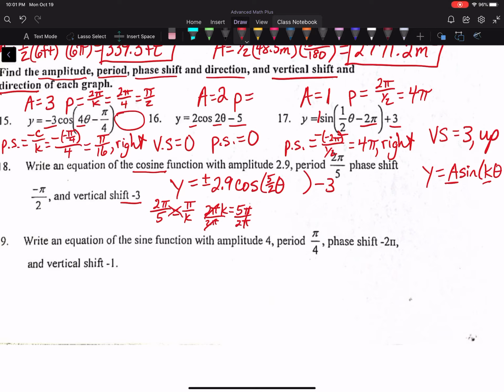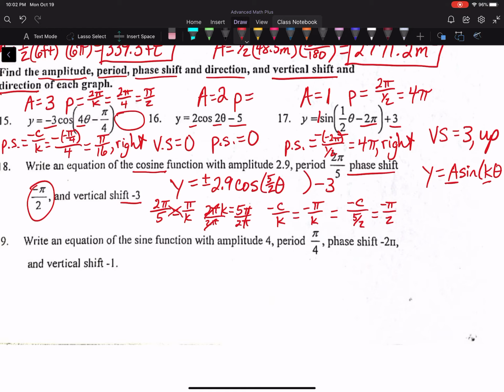And then to get c, which is the phase shift, negative c over k is equal to the phase shift, and the phase shift was negative pi over 2. So c is what we're looking for, so negative c over 5 over 2 equals negative pi over 2.